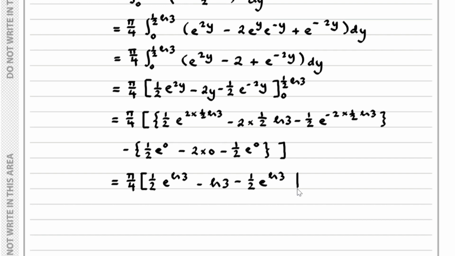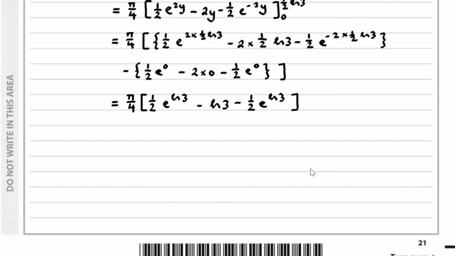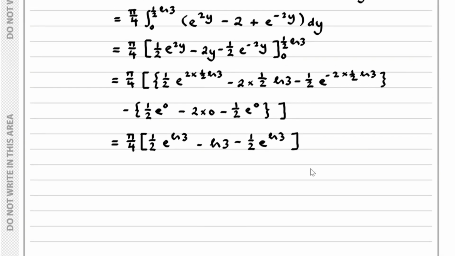So if we tidy this up even further, we've got a minus there rather. We have pi over 4 times, well here, e to the natural log of 3 is just 3. So we've got a half times 3, minus natural log of 3. And then we've got minus 1/2. Now e to the minus natural log of 3, that's just 3 to the minus 1.